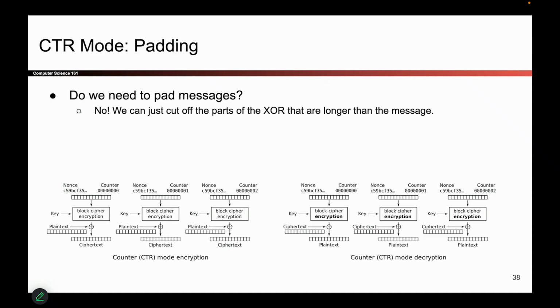What about padding? This one's kind of subtle. So if you think about passing in a plaintext that's not long enough, or it's not an exact multiple of the block size. So we have a full block of plaintext, another full block, and then here we only have one lonely byte like before. What do? Well, turns out this plaintext never gets passed through the block cipher encryption.